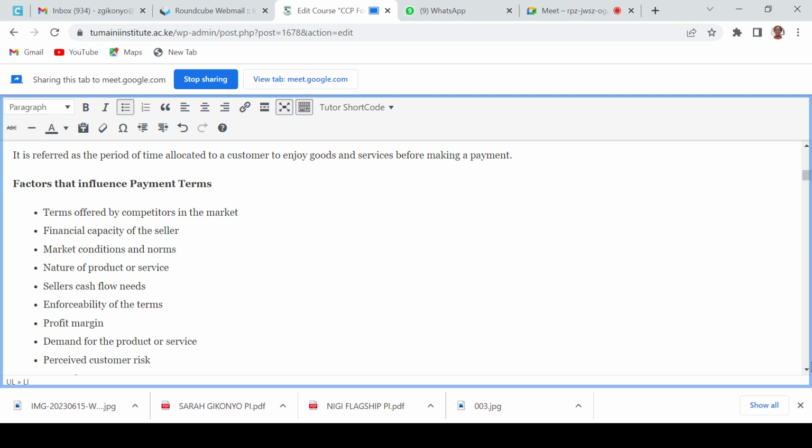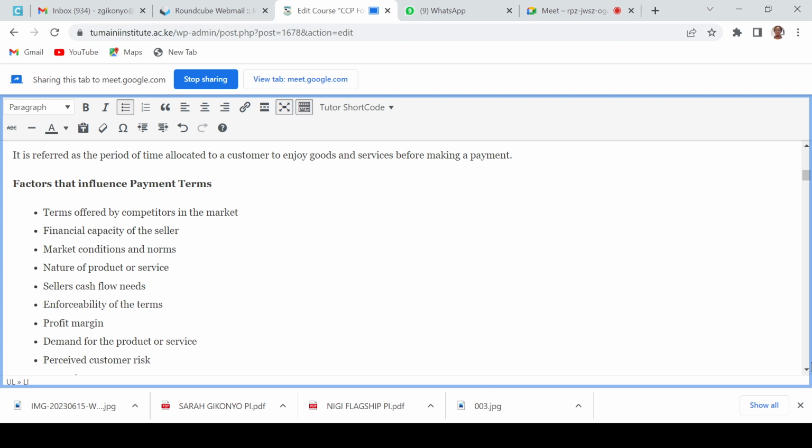So anawekanga margin kubwa, anajua ukimlipa hiyo 3 months hiyo handbag atakuwa make even 50% or even some they make 100% profit. So hata jari hata ukikaa na pesa yake for 3 months utakuwa unamlipa every month until umalize. So your profit margin also will influence you in making the decision on the terms to allocate to a customer.